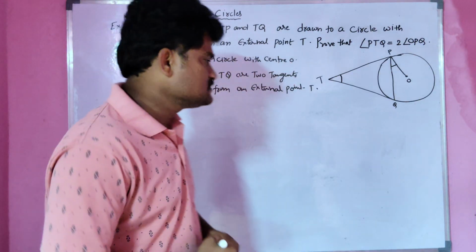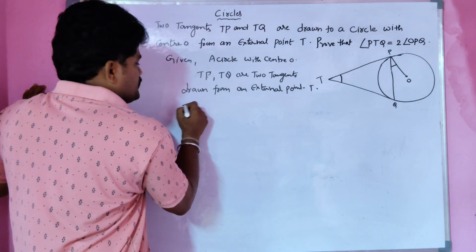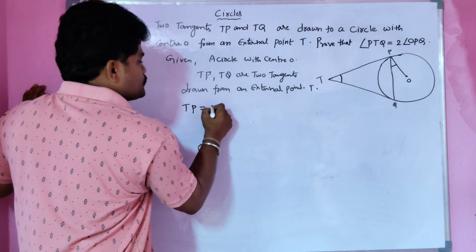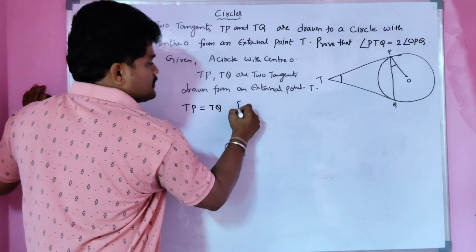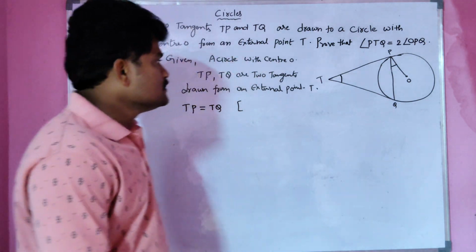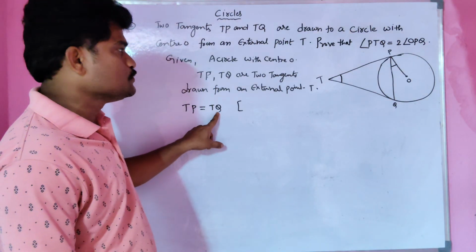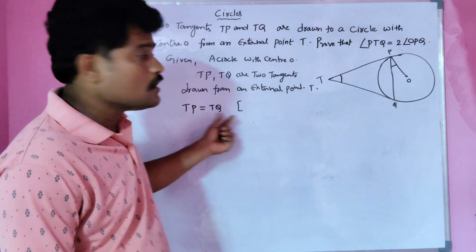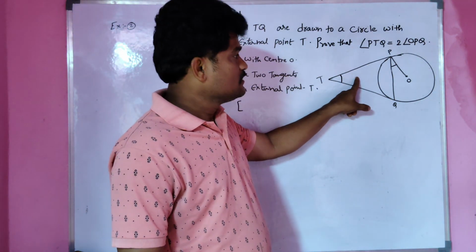So TP is equal to TQ because they are the tangents drawn from an external point.